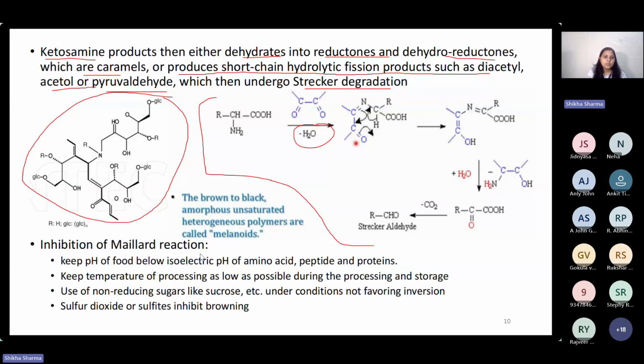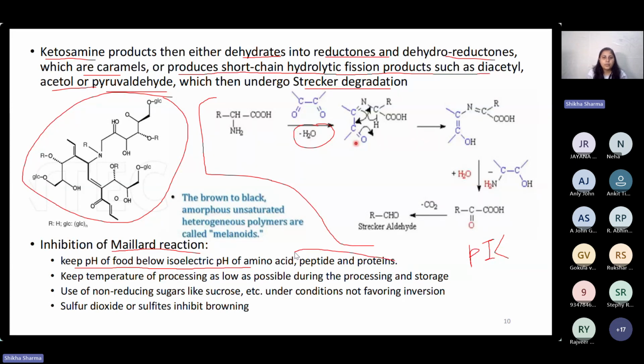So the Maillard reaction can be inhibited when we keep the pH of the food below the isoelectric pH of the amino acid. If the food's pH is less than the isoelectric point of the amino acids, peptides or proteins present in the food, then what will happen?